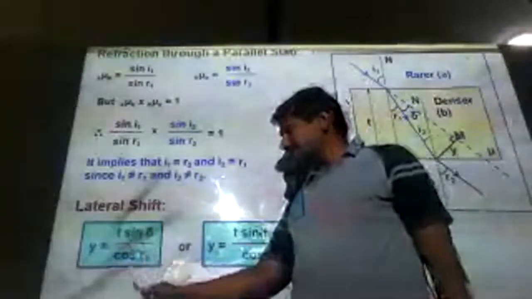Lateral shift. What is the lateral shift formula and why are we using this formula? Lateral shift is T into sin delta by cos R1. From this diagram, look at here. This is the angular deviation. With respect to this, T stands for thickness.